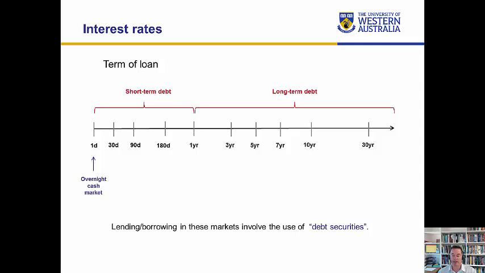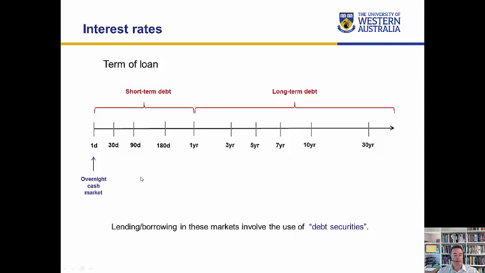When we hit the 30-year point, we are in the bond market. We're talking about bonds, and there is even a 100-year bond market. Not too many 100-year bonds have been issued, but they have been issued in the past.